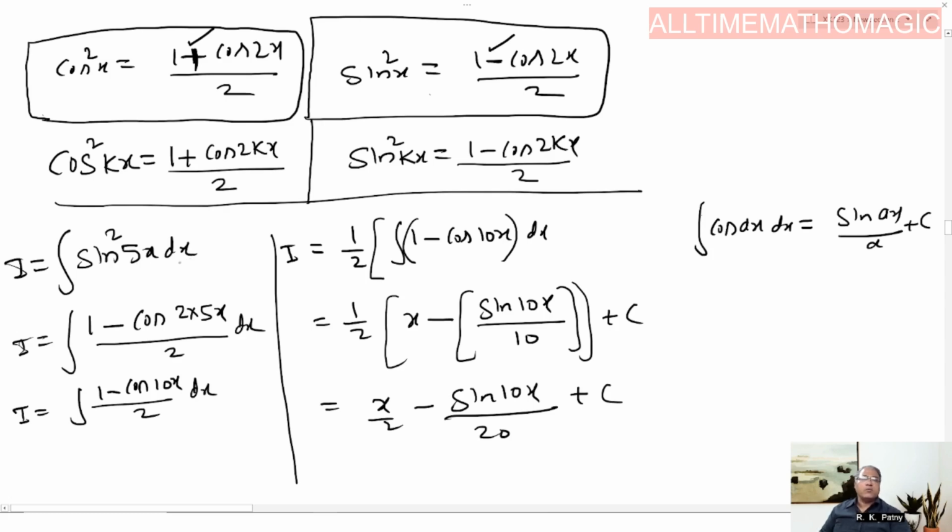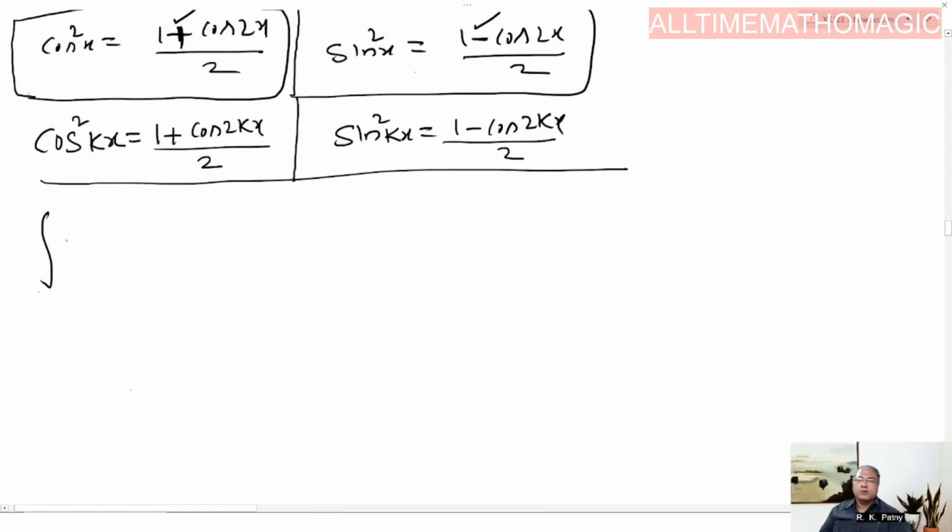Now I will take one more example based upon cos square. Suppose you want to find the integration of cos square. You give me any number, like somebody has given me 7x, no problem. The integration of cos square 7x with respect to x equals how much? Whatever the number may be, don't bother about the number. I equals integration, here cos square kx is nothing but 1 plus cos 2kx upon 2.